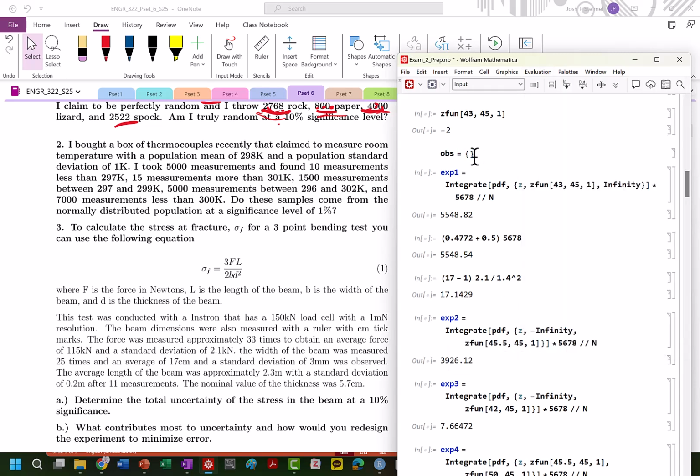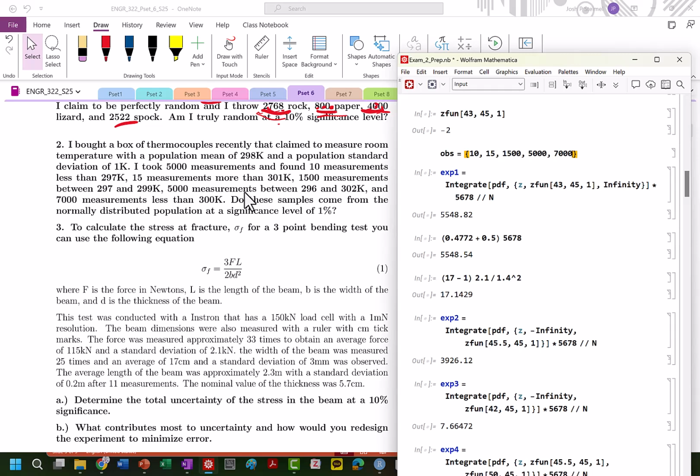I'll just be careful. Observed value is equal to 10 measurements between that, 15 between that, 1,500, 5,000 between and then 7,000 measurements.